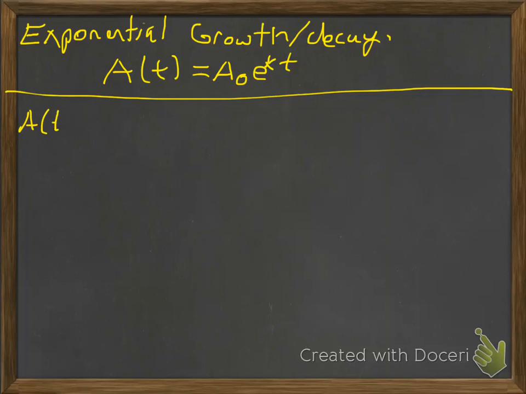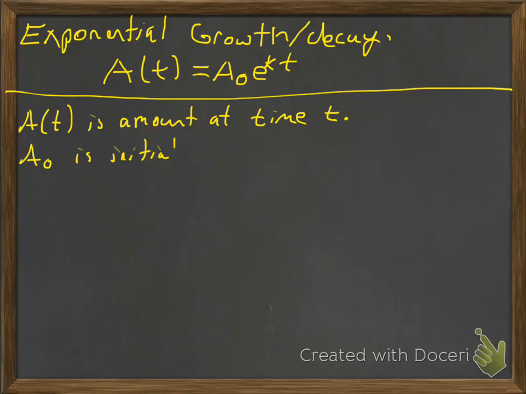A lot of times we're going to be asked to find the amount at a certain time, and in order to do that, I'll need to know my initial amount, or my starting amount. That's my A naught, the initial conditions, or what you're starting with.